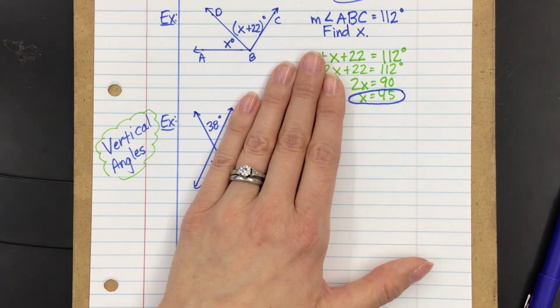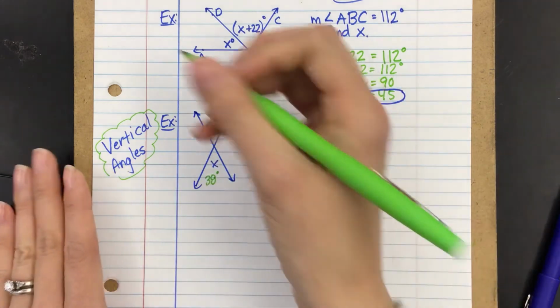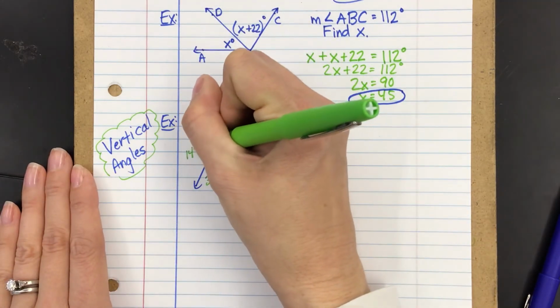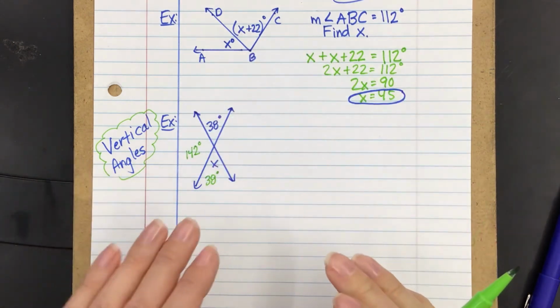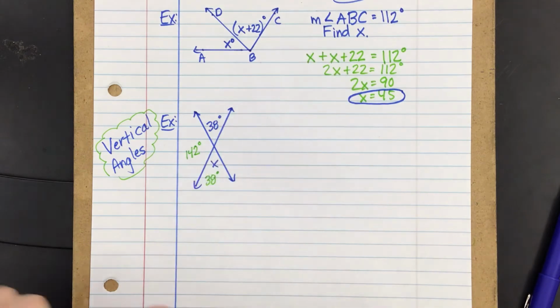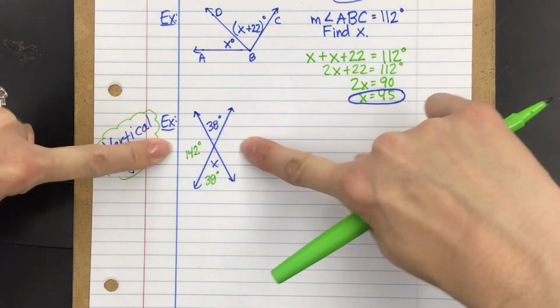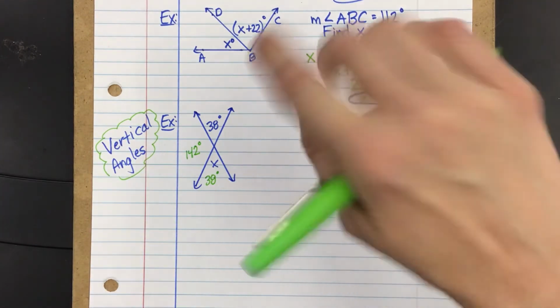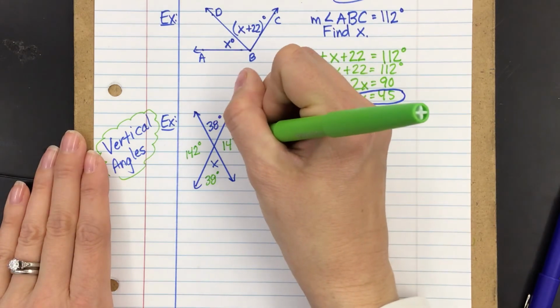All right, say it out. 142. Good, 142. Why is it 142? Go ahead, Kara. Because they're supplementary. Yes, they're supplementary, okay. Now, vertical angles, what does this angle have to be then? 142. Yes.